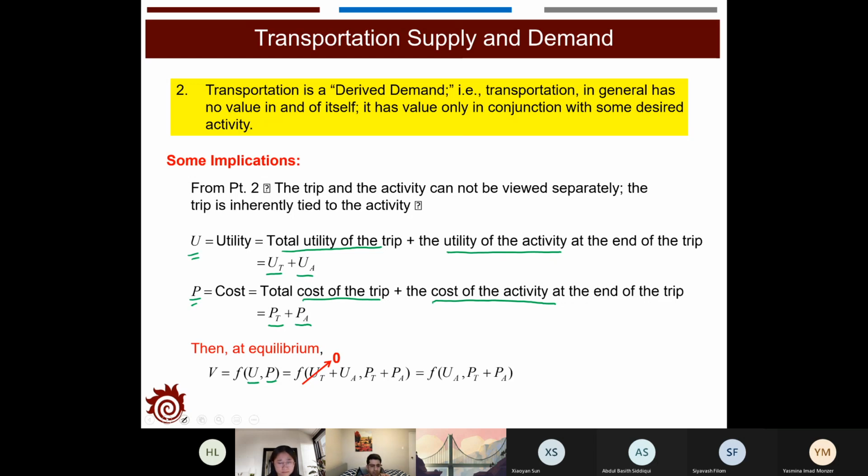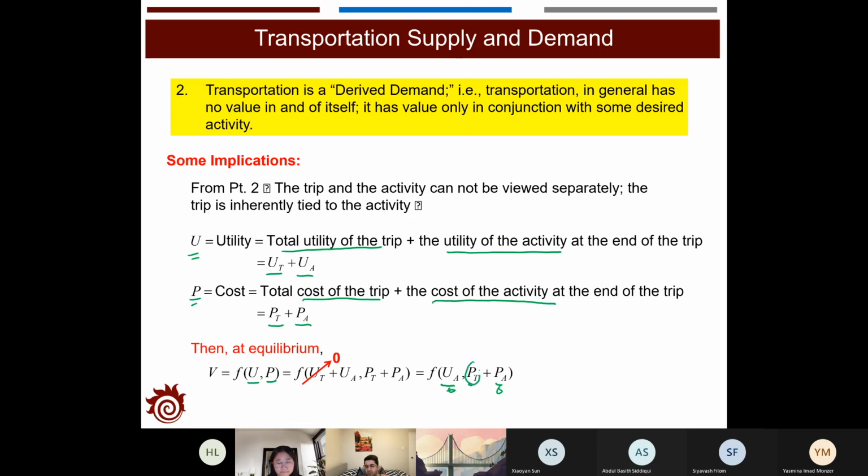With that, we have the demand determined by the utility of the activity at the destination, the cost of the trip, and the cost of the activity. And usually for most situations, the utility of the activity and the cost of the activity will be constant values.